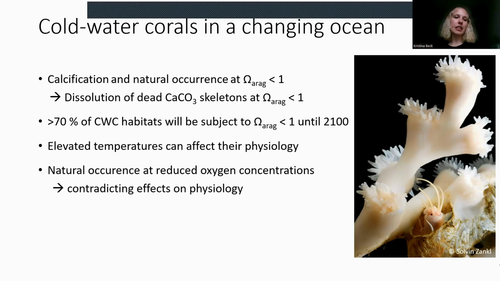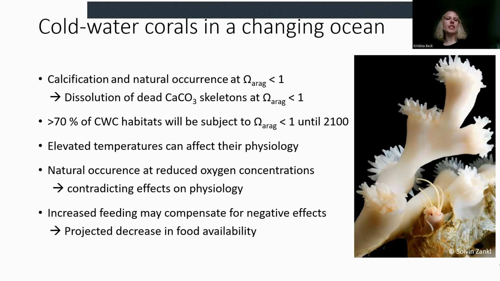There's very little research on the effect of changes in oxygen concentration on cold water corals. There are only very few studies that have looked into this, and they found quite contradictory results so far. So we don't really know how reduced oxygen concentration will affect cold water corals in the future. And the same with feeding.